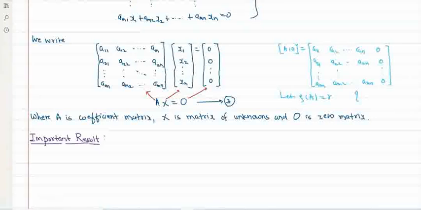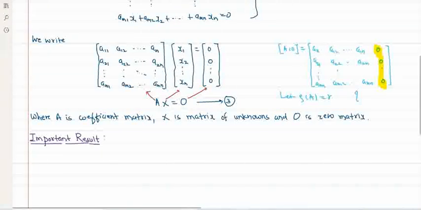Obviously, this last column is 0, so what difference will it make? Nothing, because that is a 0 term. So always in this case you get rank of A is equal to rank of A0.